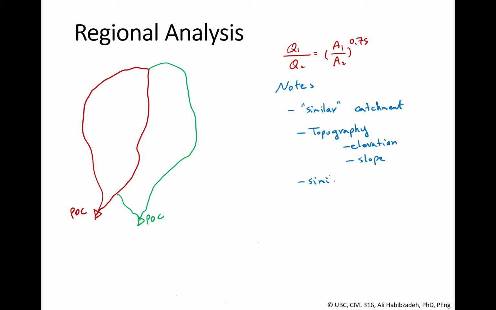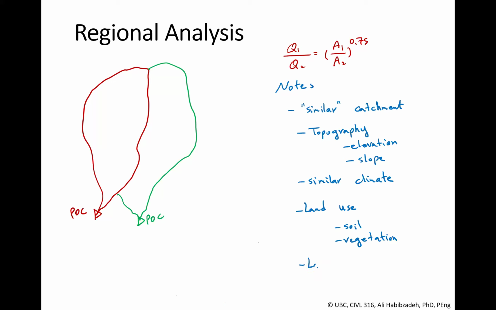Obviously, similar climate. You can't take one from a very cold region and use it in a very hot and dry region. Obviously, that's not going to work. Land use, which means the type of soil, type of vegetation should be, again, we keep saying similar. We will never be identical, but similar.